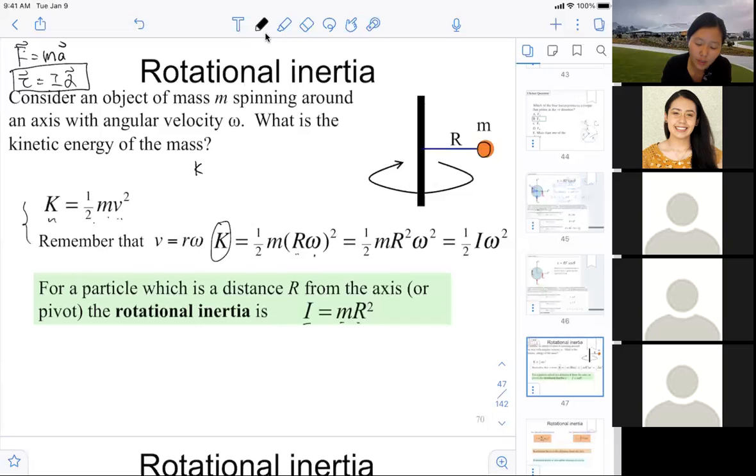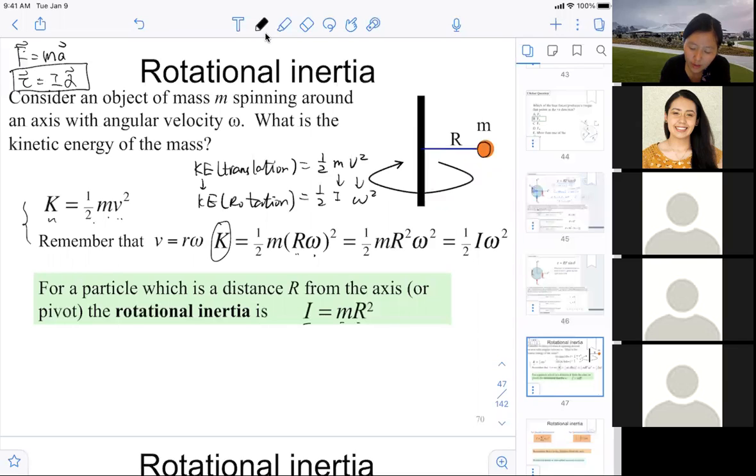So from translational kinetic energy, 1/2 mv squared, to rotational kinetic energy, they should have the same format. So 1/2 is 1/2, v linear becomes angular, so m should become I. So you can see that we derived that I is mr squared from this really quick derivation. Okay, so this is how you calculate a rotational inertia if you can view the object as a point.